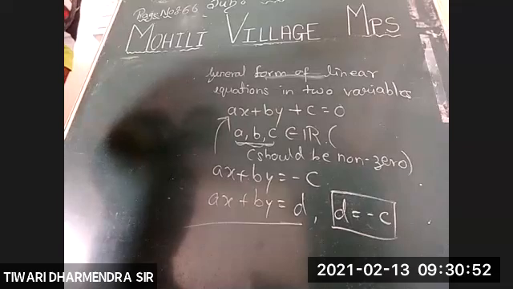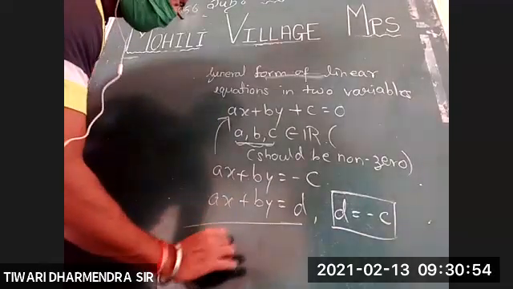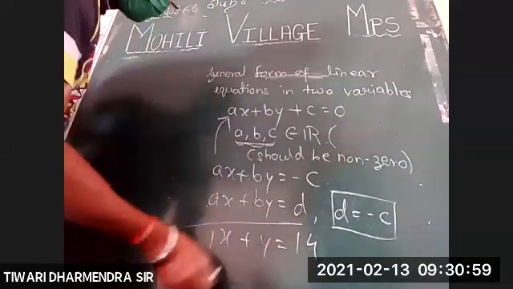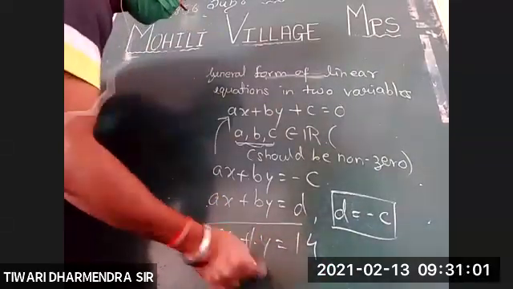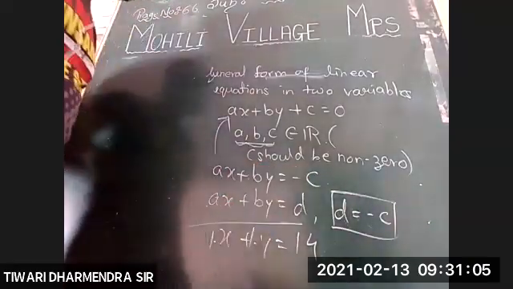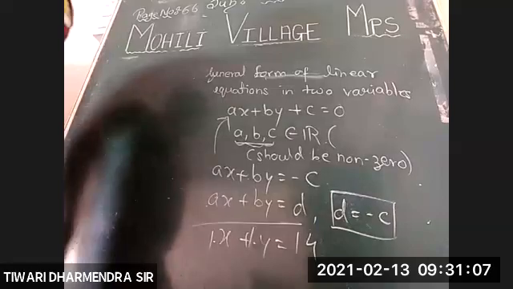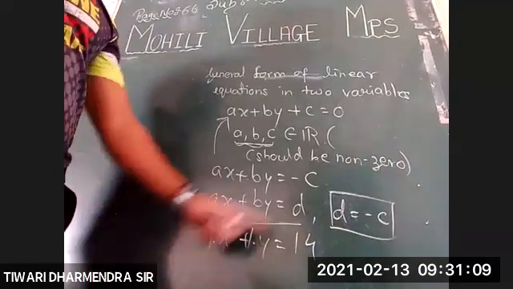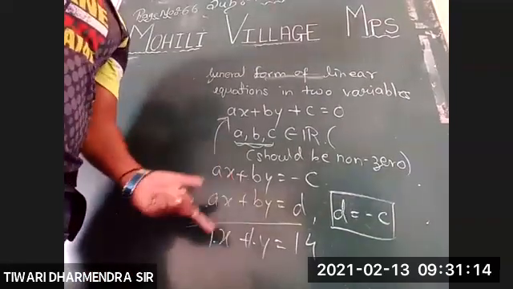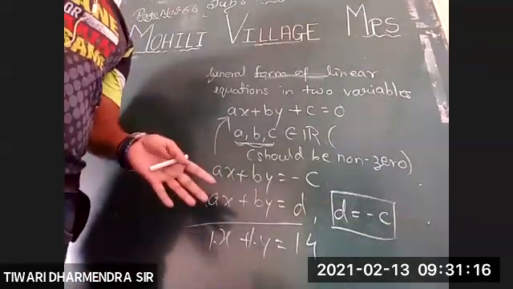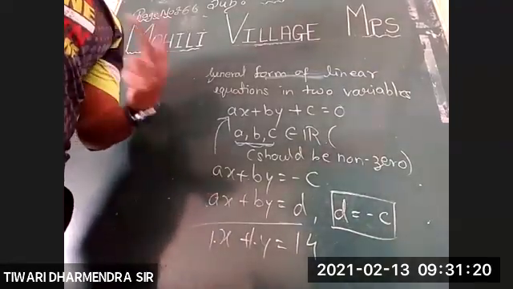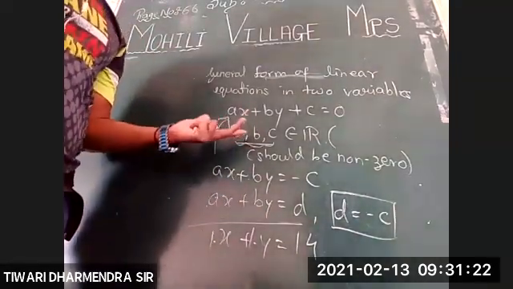In the two examples that we have done now, you can see x plus y equal to 14. So here the value of a was 1, 1 into x, 1 into y. Value of b is 1, and value of c was minus 14, so which became 14. Or you can say d equal to 14. Done. So the equation is almost the same, but the presentation is of the general type.